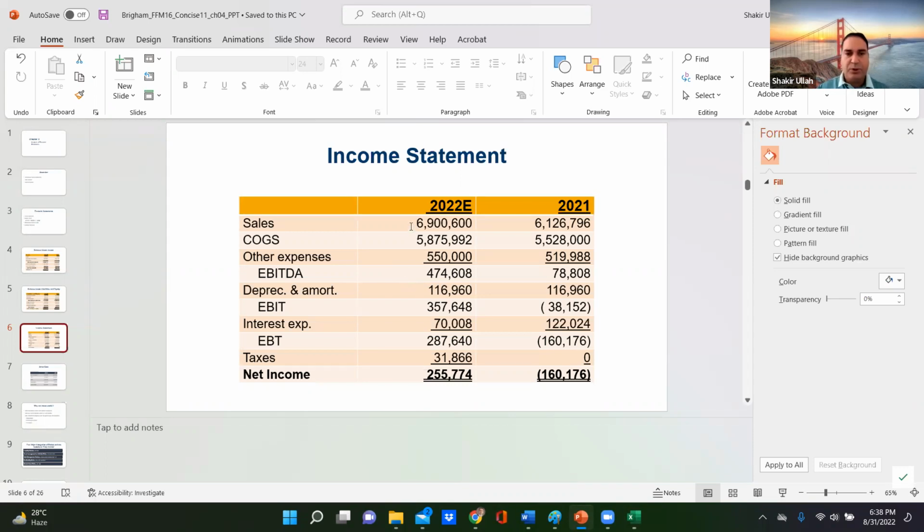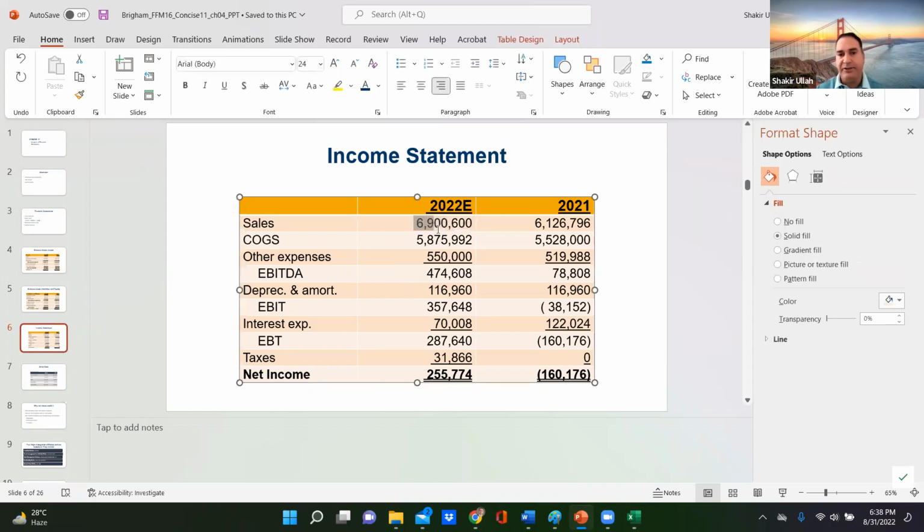Sales, sometimes we call this revenue, sometimes we call it sales, is the amount of money that you collected when you sold your products to your customers over a year, for example, because in this case, this is a 1 year income statement. So in 1 year, you sold $6.9 million worth of total products, and you collected this money.